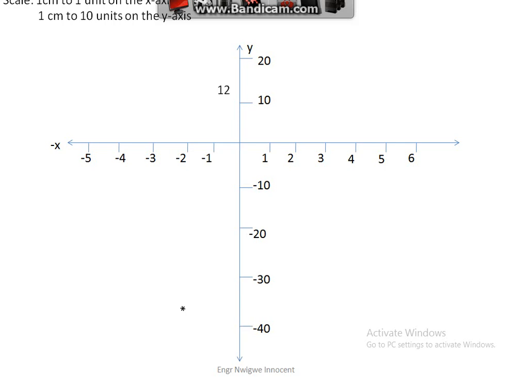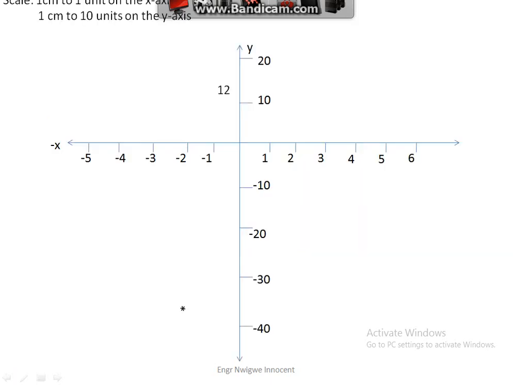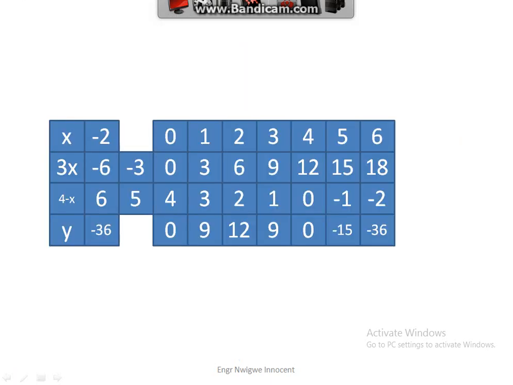Then go to the vertical axis of the negative y side, and trace the 36. Where the two meet and intersect, we mark our axis. This is the location of the point.